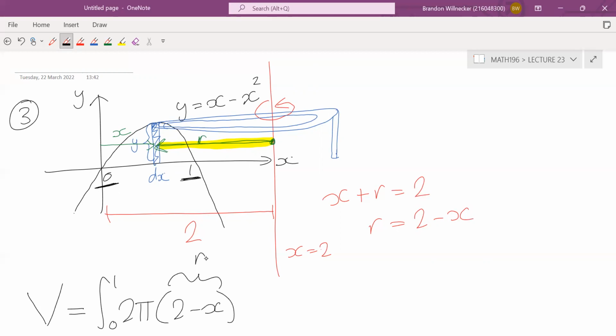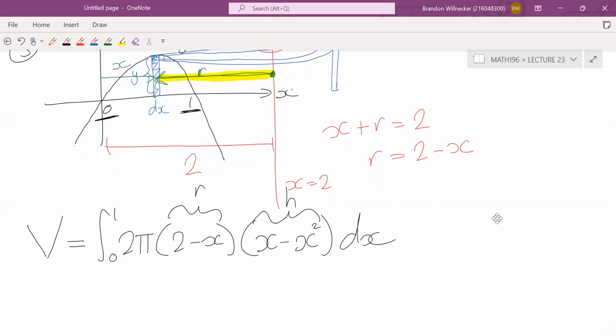The height is going to be y, but that is just x minus x squared. Okay, that's the height. And the thickness is dx, of course. Okay, so that's all the work you need to do. So you just figure out what r is, you figure out what h is, you put it in the formula, and then you've got a simple integral to solve. Okay, so all the hard work is done now.